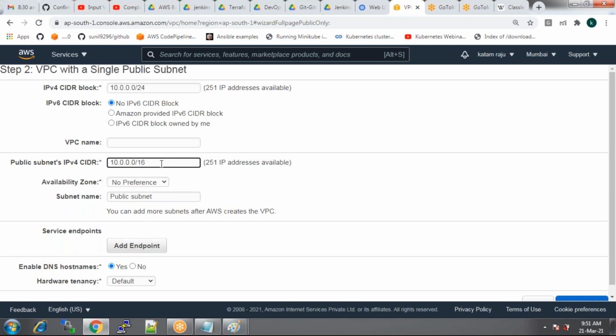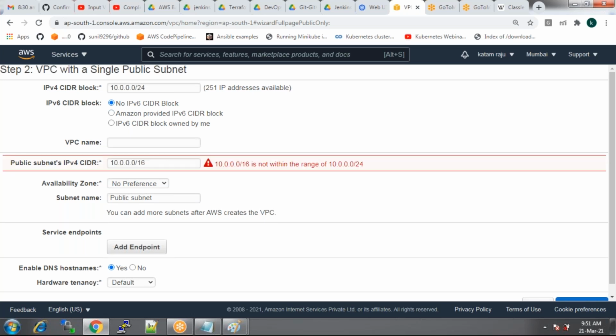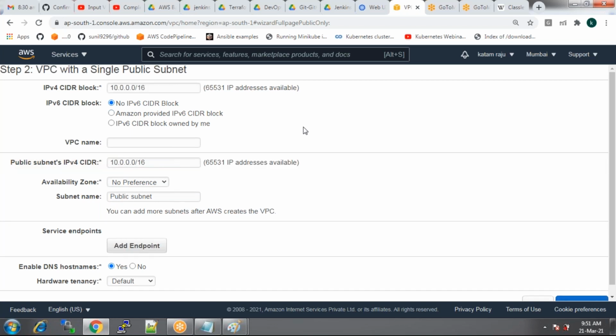Since subnets are part of VPCs, the subnet range must not exceed the VPC range. So that has to be within the range. So if I go with /16 for the VPC, now that is allowed. Okay, are we clear? Your subnet CIDR block has to be within the range of the VPC. It cannot be outside of the range.